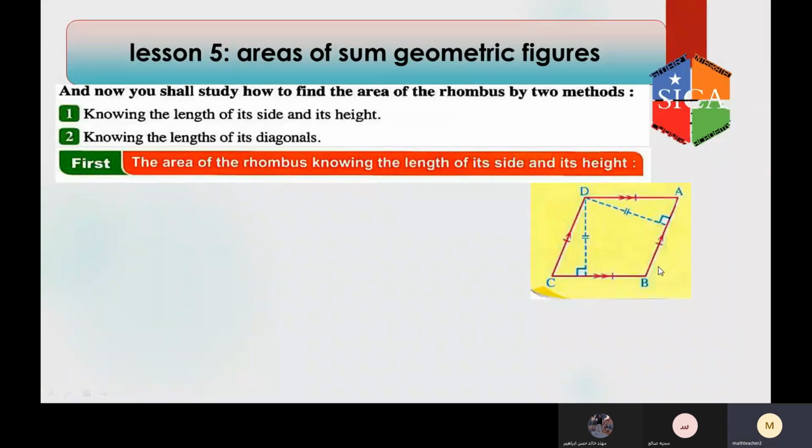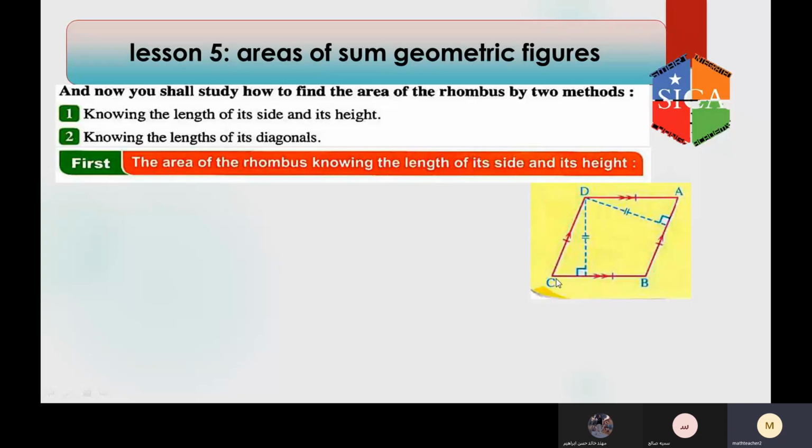AB is the side length, and this is the height. BC is the side length, and this is the other height. But the two sides are equal, AB equals BC, as we know before. And the heights are also equal in length.